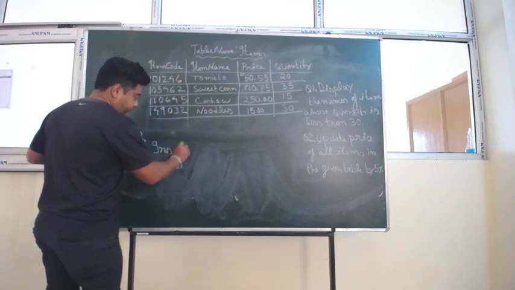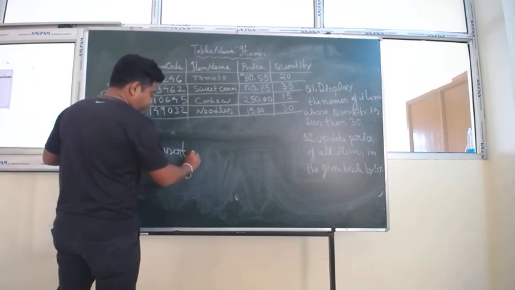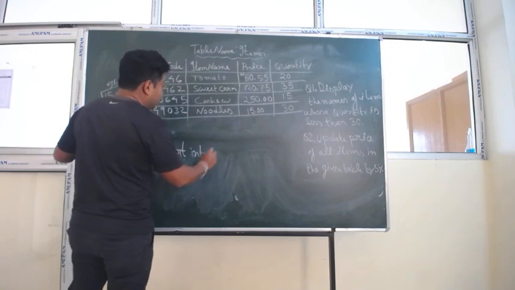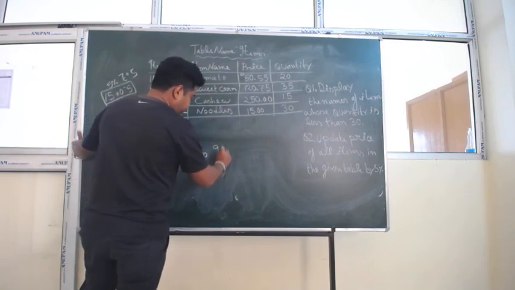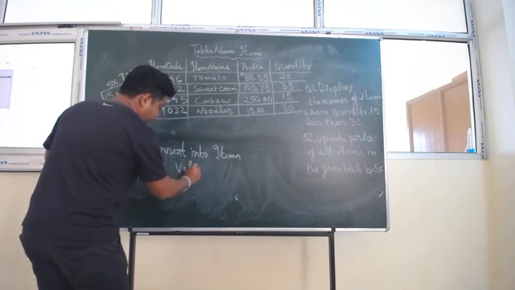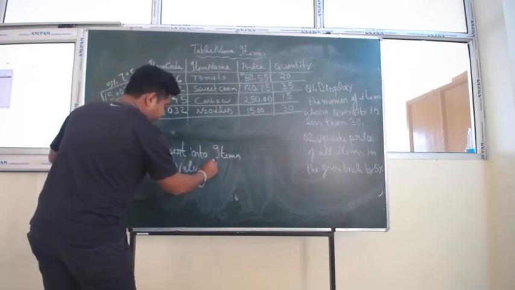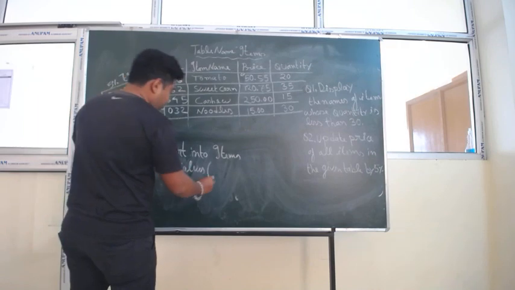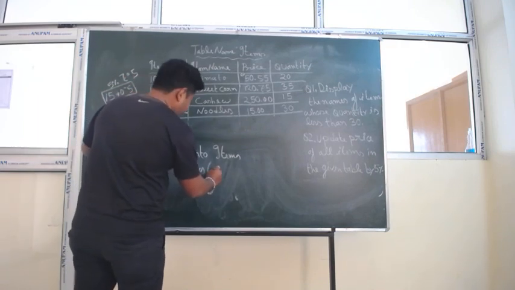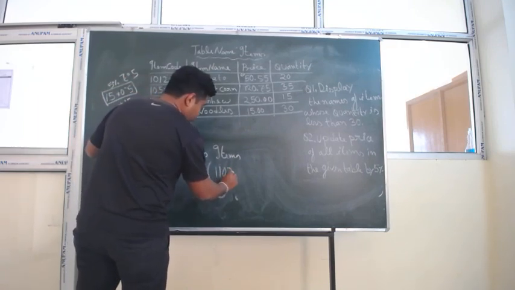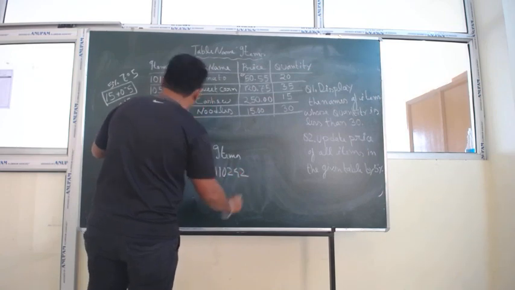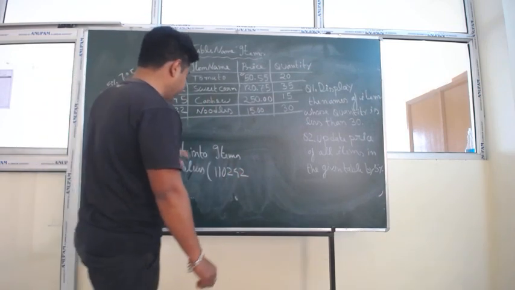Insert into table name item values. So first we are going to write the item code. Suppose 112242. I think it is not there. Okay.